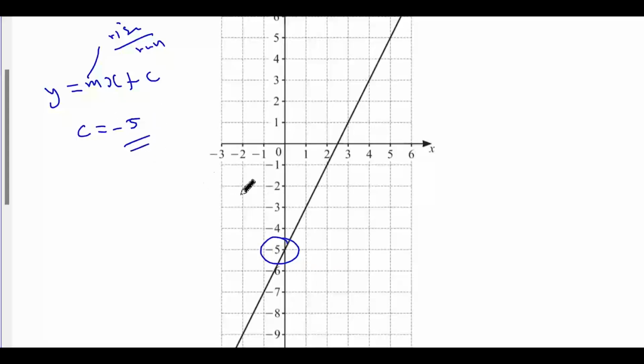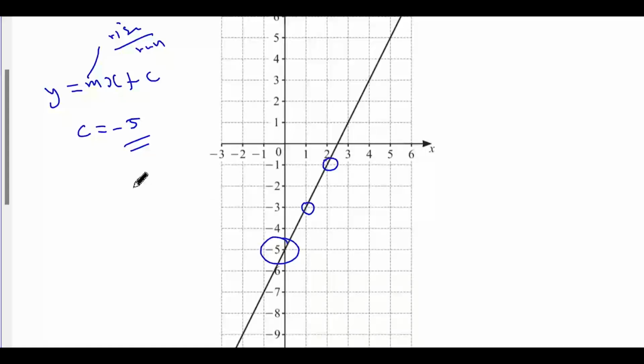So from that intercept on the y-axis, we have some points we can rise and run from to get the gradient. There's a point here, and we have another point here. Let's see how we can get to this point. 1, 2 up, 1 forward.